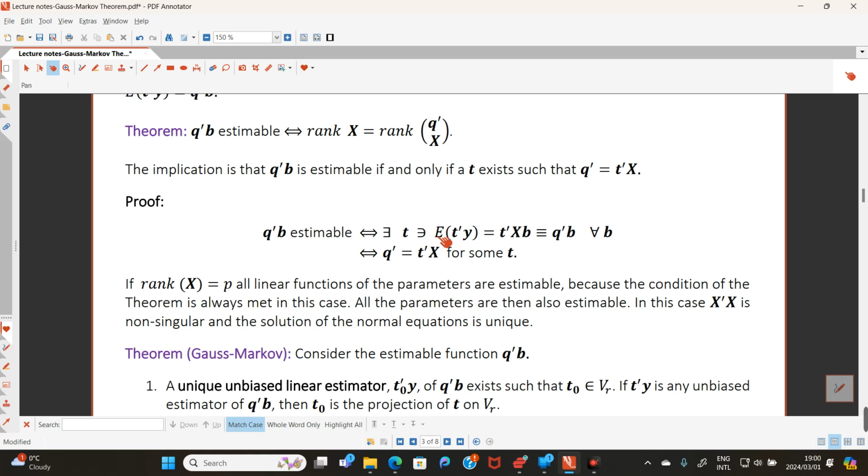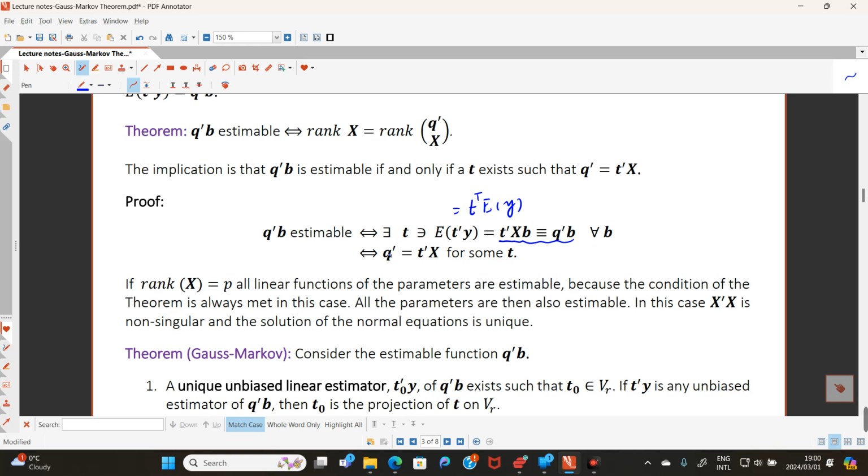So it is T prime expected value of Y. The expected value of Y is equal to XB, so it is equal to T prime XB. And we know that it must be equal to Q prime B because Q prime B is estimable. So the expected value of T prime Y is equal to Q prime B, and we get this equality.